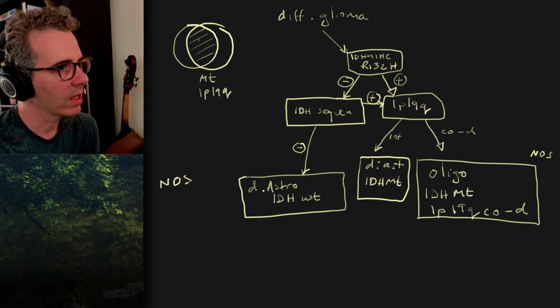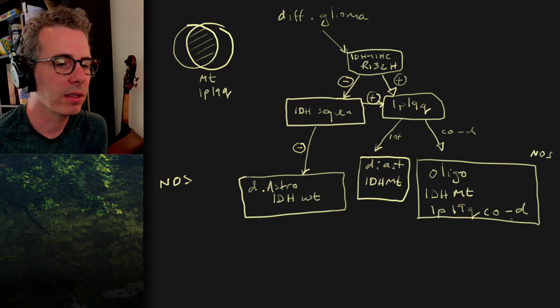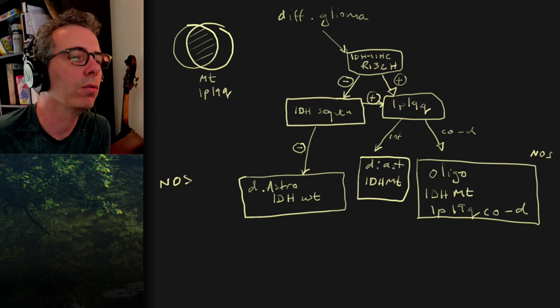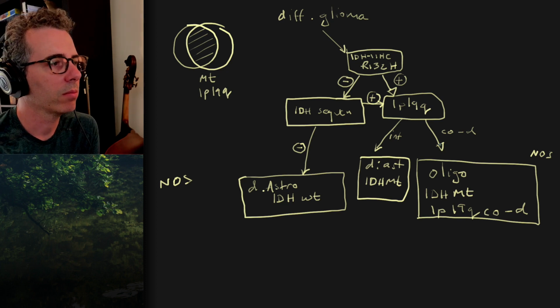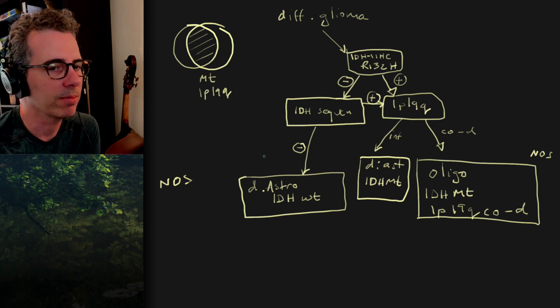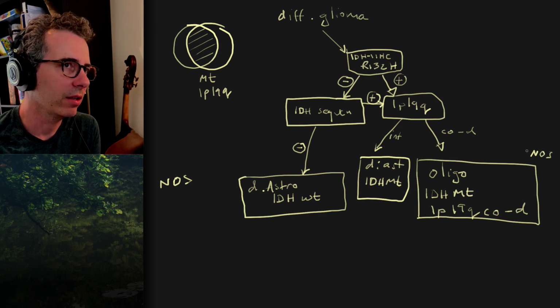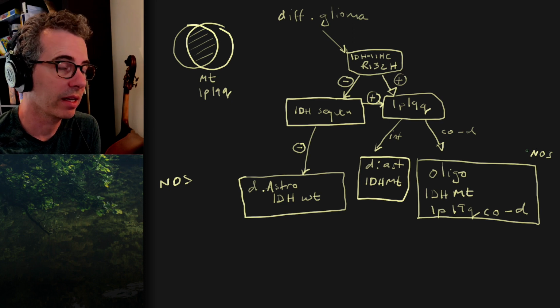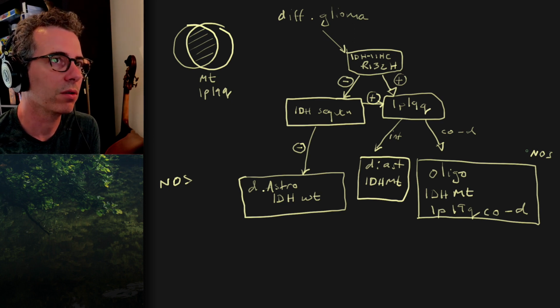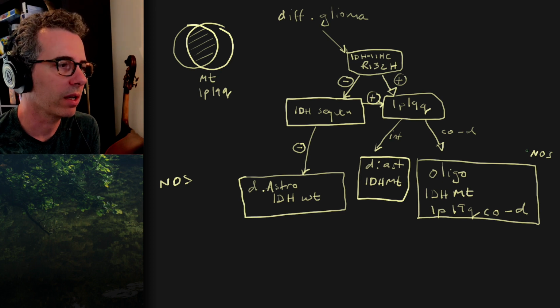Or you'll have something that looks like an astrocytoma, but it comes back 1p19q co-deleted and mutant, so you'll call it an oligodendroglioma. So with this not otherwise specified, or reading old literature where they don't prove things molecularly, you're talking about a different group of tumors. You really can't extrapolate between the two.